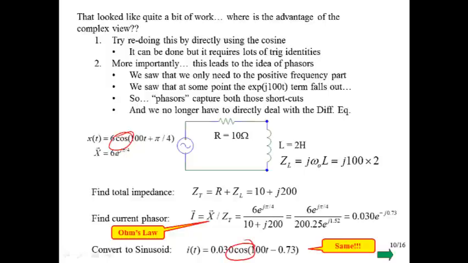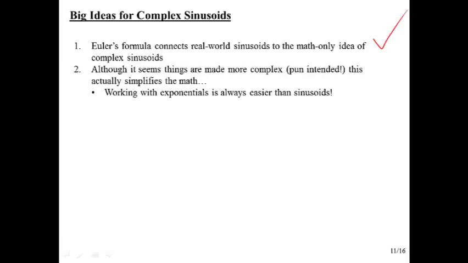Okay, so that's the beauty of this, and really you need to make sure that you can operate with complex numbers. They are the bread and butter of this course, really. So some big ideas that we've seen here. Euler's formula, a big thing that allows us to connect back and forth between these ideas.